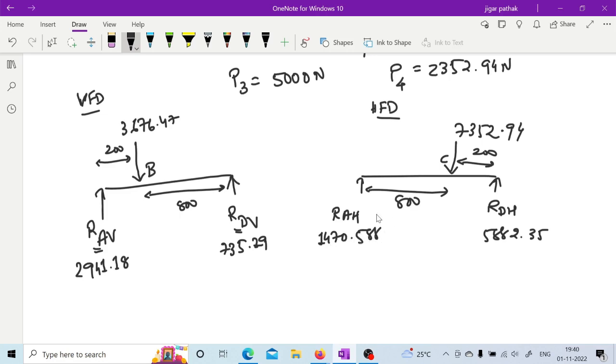So from this, now once you have these forces with you, you can calculate the moment. You need to calculate the moment at B due to horizontal and vertical reactions. So the moment at B due to vertical will be what?